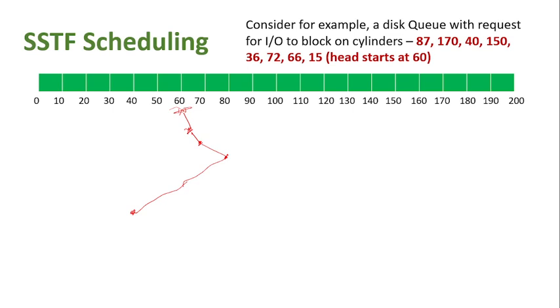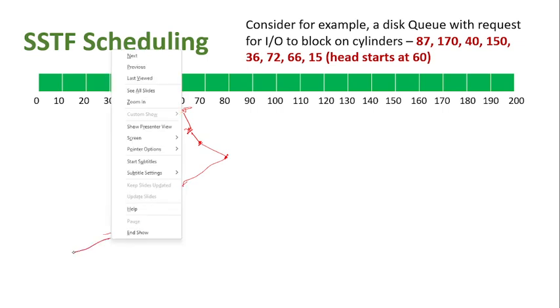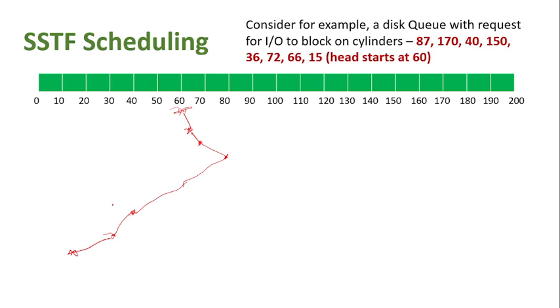Okay, it will travel to 40 and from 40 the next is the 36. Then from 36 the next is the 15. Then after 15 the next is the 150.